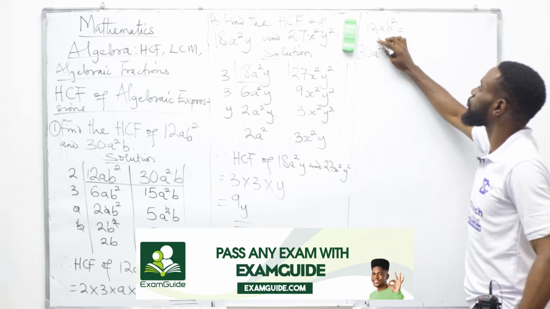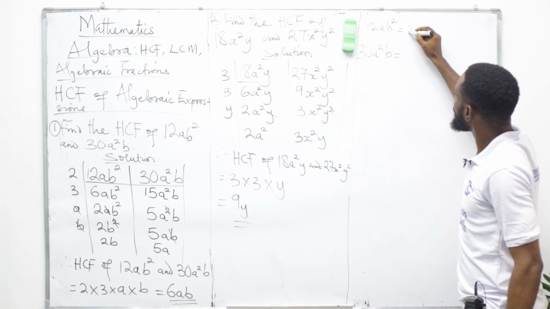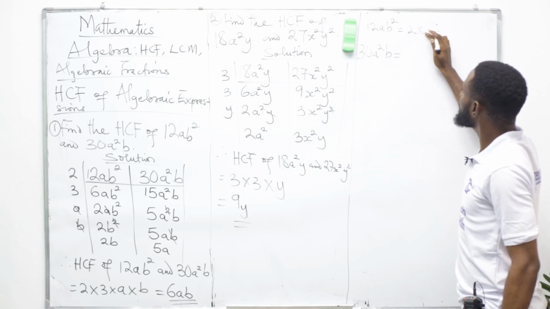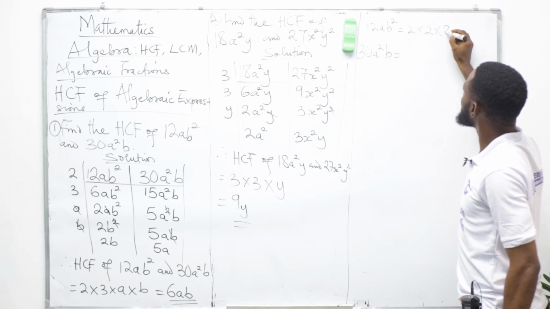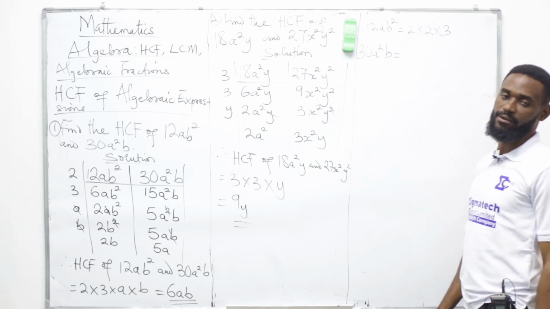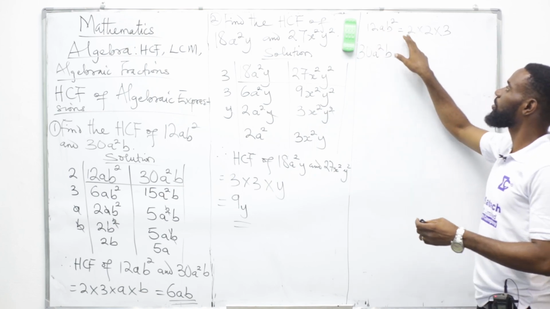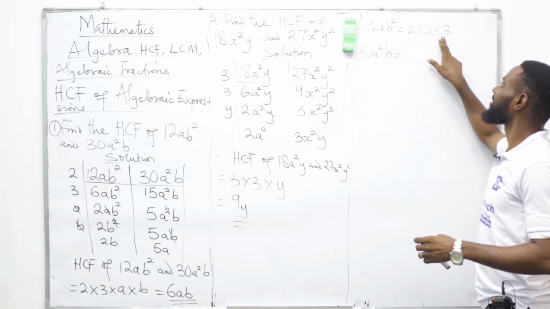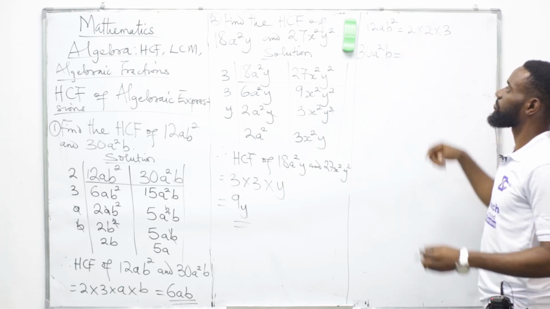So the prime factors of 12 are 2 times 2 times 3. These are prime factors of 12. 2 times 2 times 3 gives us 12. How? 2 times 2 is 4. 4 times 3 is 12. Okay?